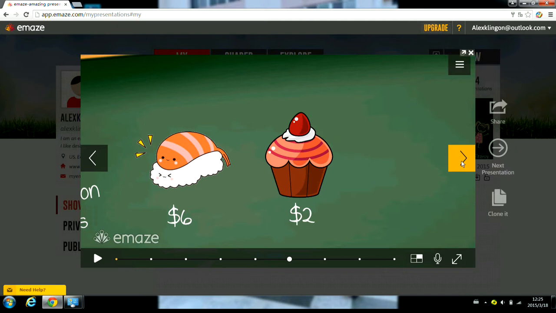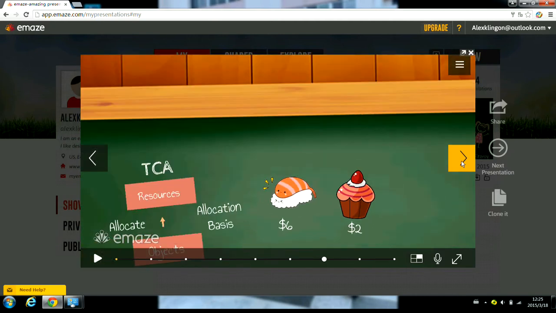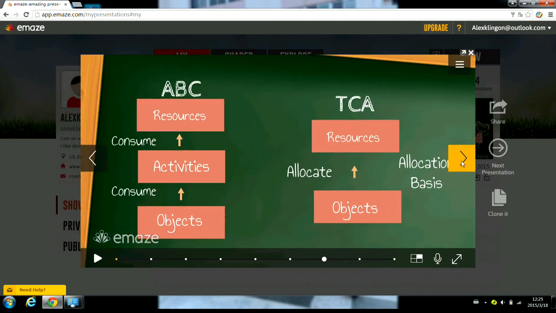And of course, electric power is not the only cost in making sushi and cupcakes. Therefore, we have to think about the other costs as well before making our final pricing decision. So just simply look at this diagram here.